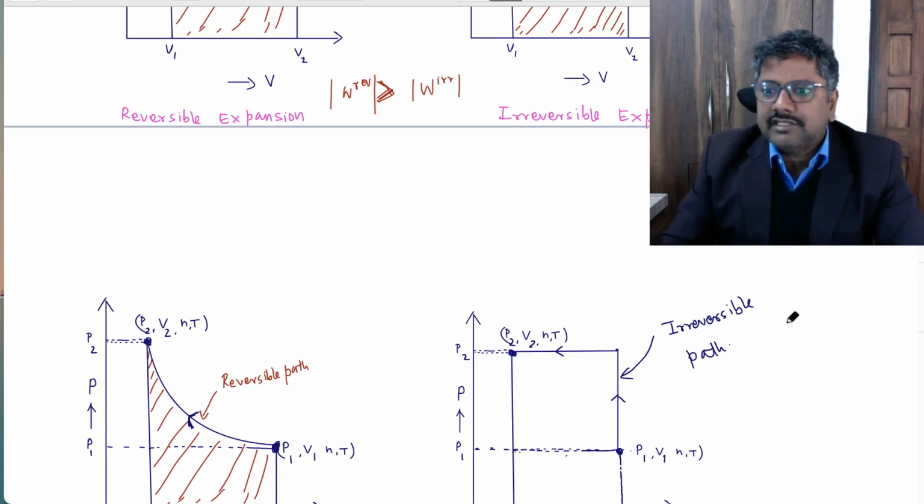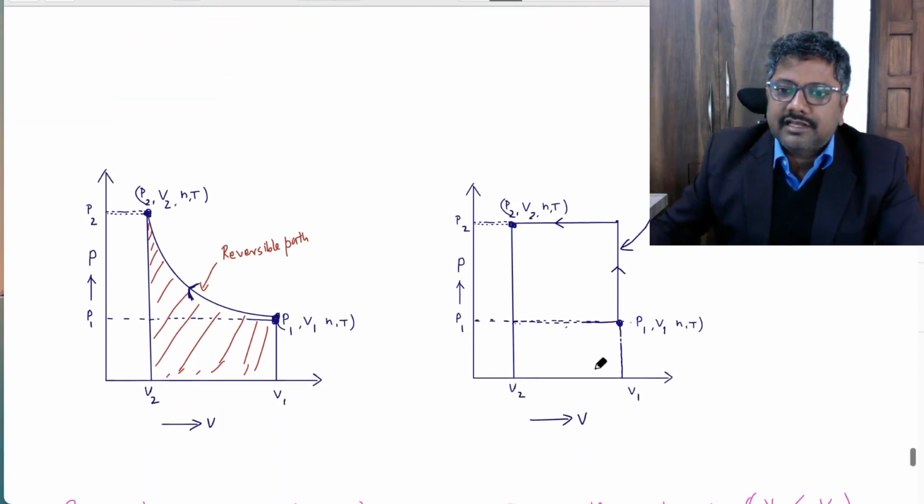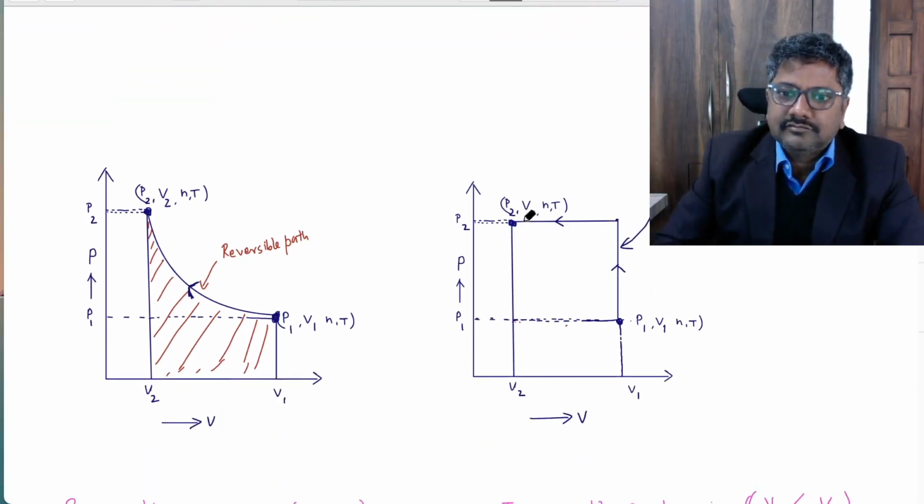So what is the area under the curve? This time the area under the curve is like this. This is the area under the curve.